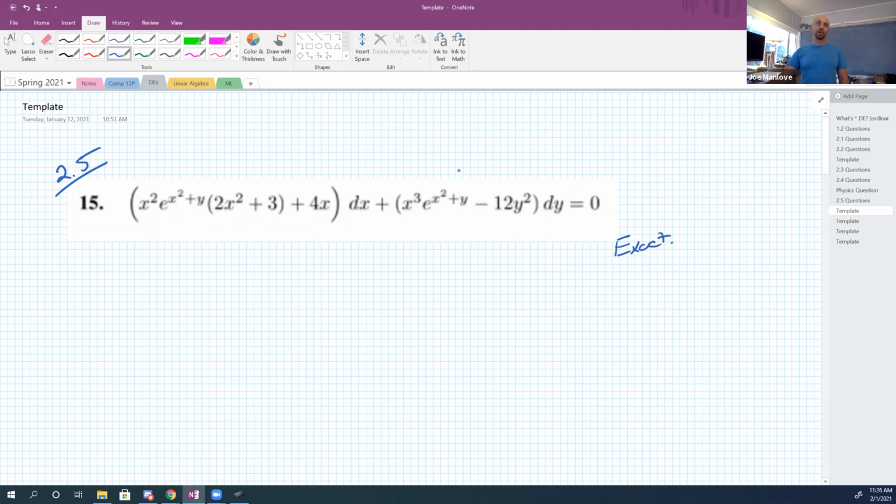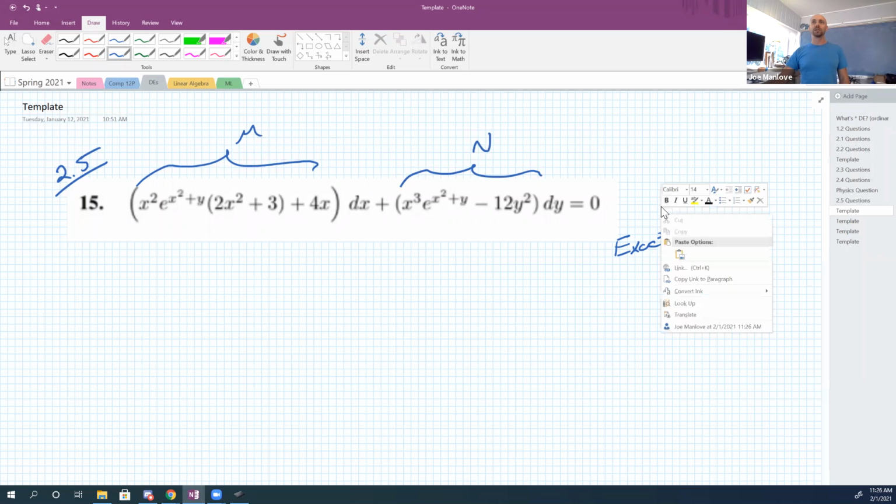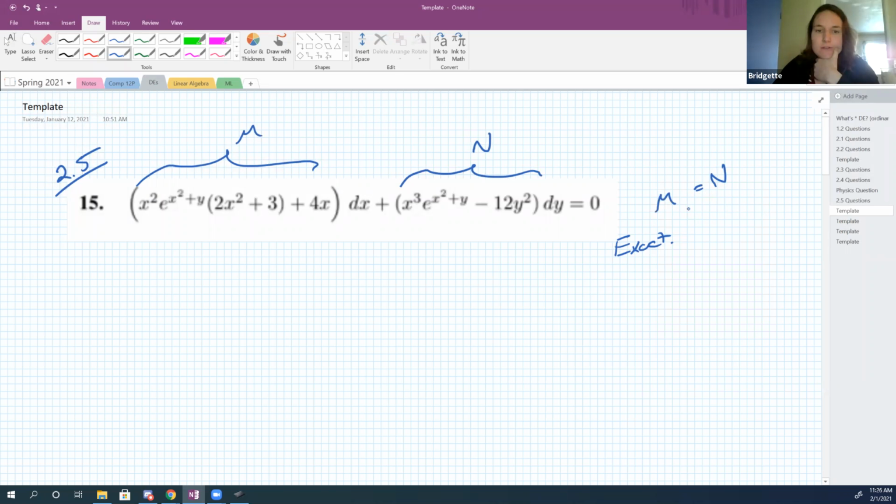So that would be checking that, if we thought about this one as M and this one as N, the test for exactness is what, guys? It's M sub y equals N sub x. N partial y equals N partial x.